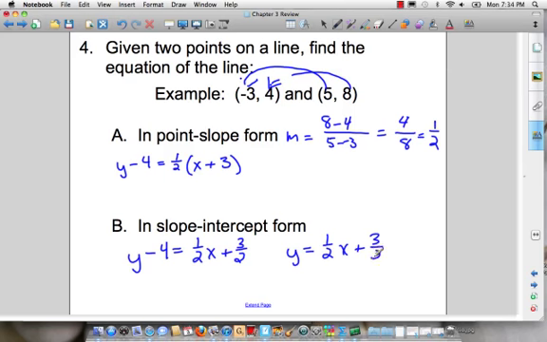And since I need to add the 4 to the 3/2, I'm going to write the 4 as 8/2. You could also use decimals here if you prefer. So 1/2 x plus 11/2. Again, I rewrote 4 as 4/1 or 8/2 because that makes it easier to add to the 3/2.